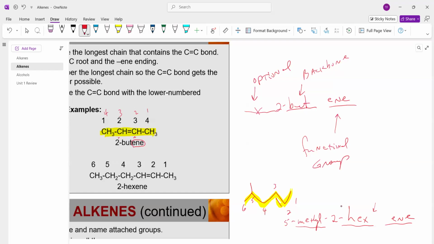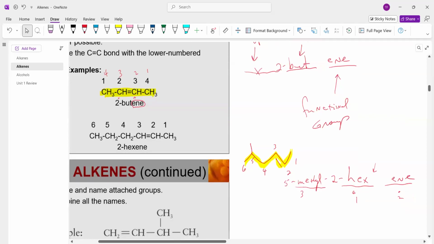So let me repeat again, the functional group determines the order, the carbon numbering, not branching. Branching comes last. So you either start here or start here, either one, then this goes last. So we're going to go 1, 2, 3 steps. Or you can do 1, 2, 3.